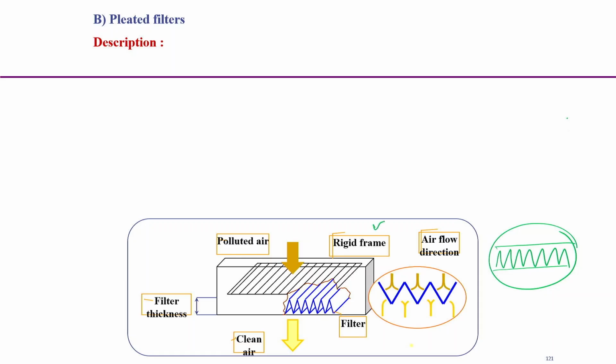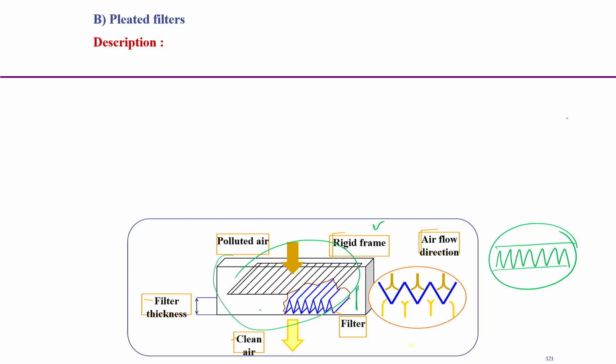It is placed in the rigid frame, and this is the filter setup, where we can increase the thickness of the filter fabric. This is the effective thickness, although the individual fabric thickness is very thin.